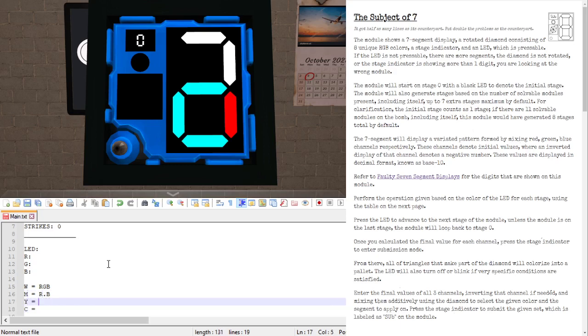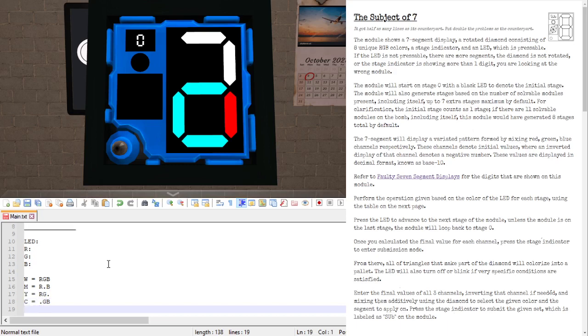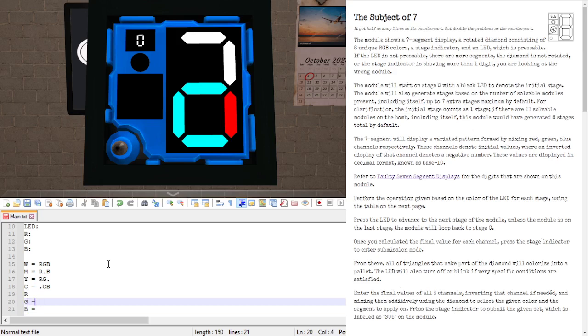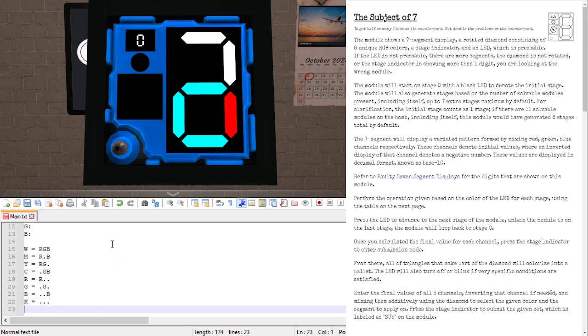Magenta is just red plus blue, so no green. Yellow is red plus green, no blue. And cyan is green plus blue without the red. Then we have, of course, red, green, blue. Those are primary colors, and every channel contains just the channel itself. And then the 8th color is black, which doesn't contain any colors. You probably know that if your monitor is turned off, then it has the color black. So that's where it's from.